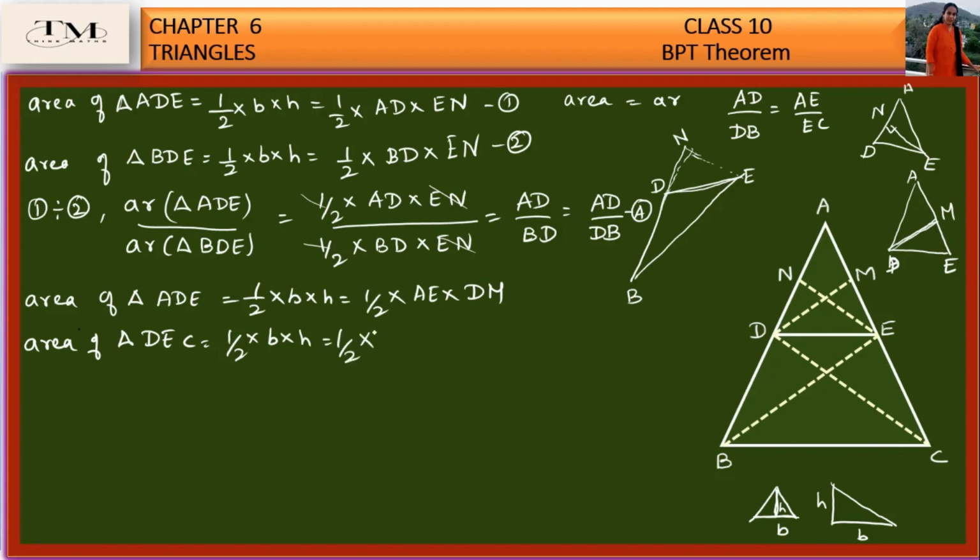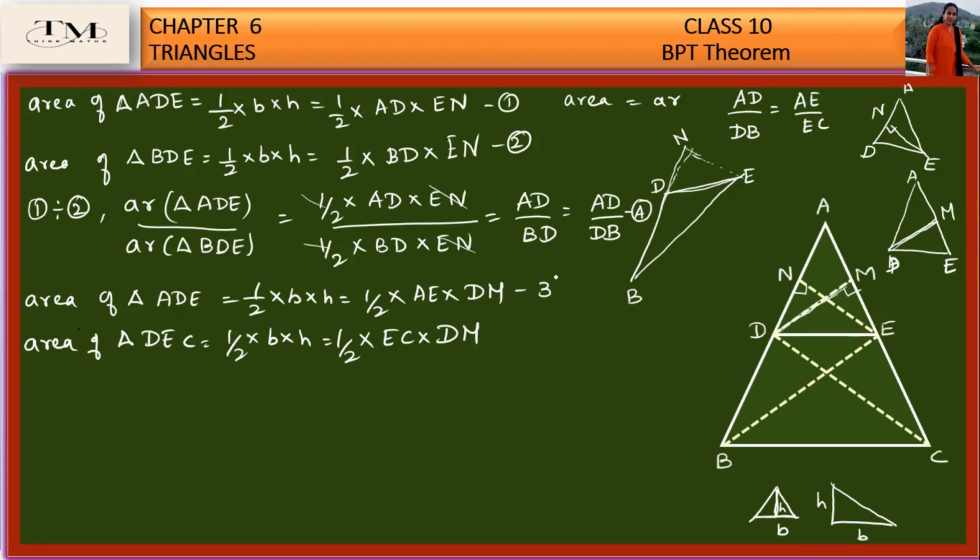Base is EC. So EC into height. So here also the height is not ED because it doesn't make 90 degrees with the base. So the 90 degrees which makes with the base is DM. So in the same way as we said here, the height is DM which makes perpendicular with the base. Okay. So now height is DM.